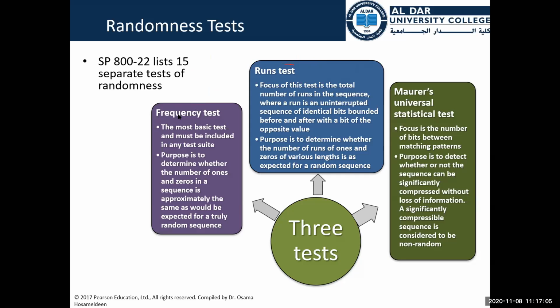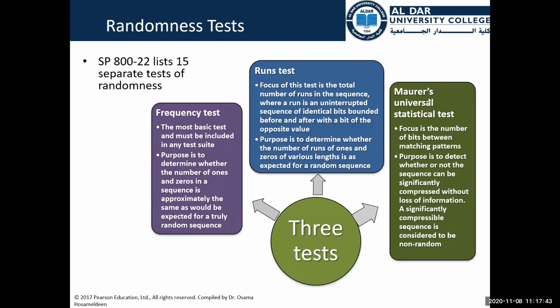So the first one is the frequency test, meaning the number of ones and number of zeros. Run test: any subsequence should have the frequency property, meaning that the numbers of ones and zeros are approximately equal. Any subsequence or run of the output of the random algorithm should have approximately equal zeros and ones.